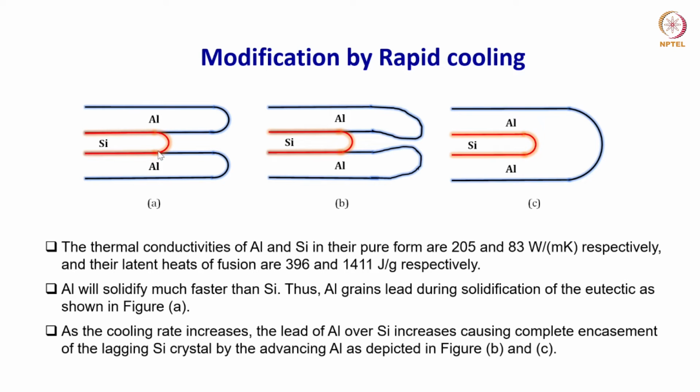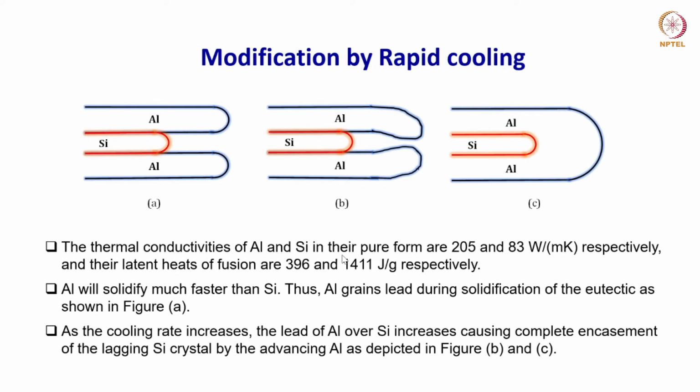So this is what you see in this particular figure over here in figure B. This is, let's say, in the beginning of solidification, where the aluminium and silicon crystals have just begun to grow. And as the solidification proceeds, you can see aluminium beats silicon as it grows faster, right?